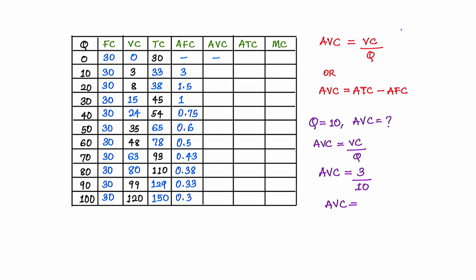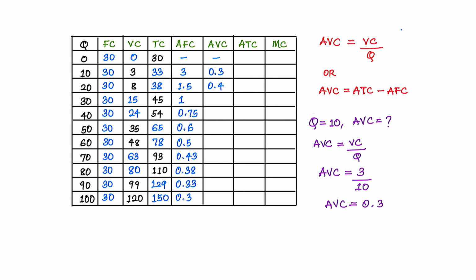Simplifying, the average variable cost is going to be equal to 0.3. Next, the value of the average variable cost when quantity is 20. So we are going to say 8, which is the variable cost, divided by 20, which is the quantity. So 8 divided by 20 will give us a value of 0.4.